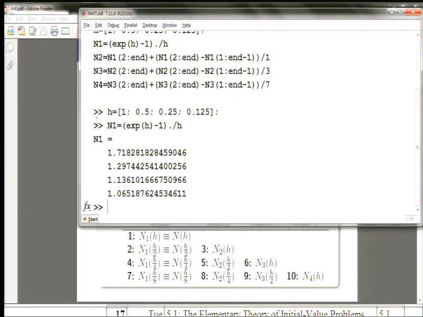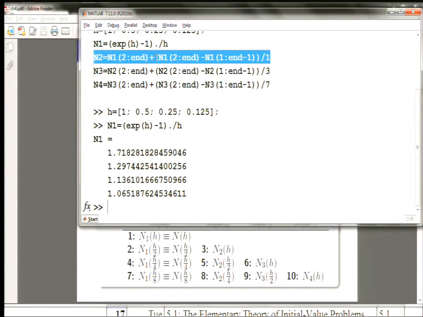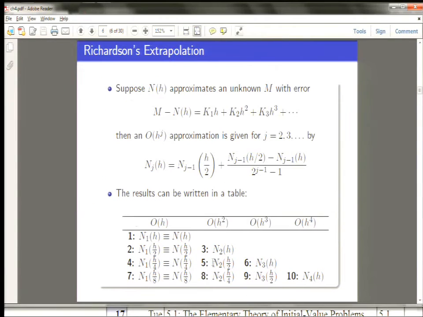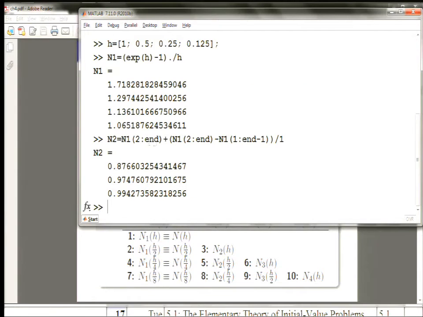Now, here's just a MATLAB thing that you might not like, but you might also enjoy. I do all of the N2s in one sweep, because in MATLAB we can write these vector expressions. If you think about it, what I did to get this number was exactly what I did to this number, and it's going to be exactly what I do to that number, namely this formula. So in MATLAB you can do them all in one sweep.